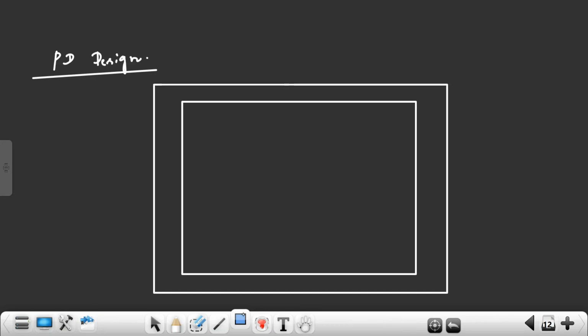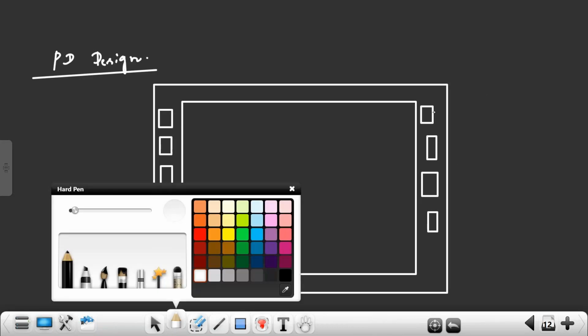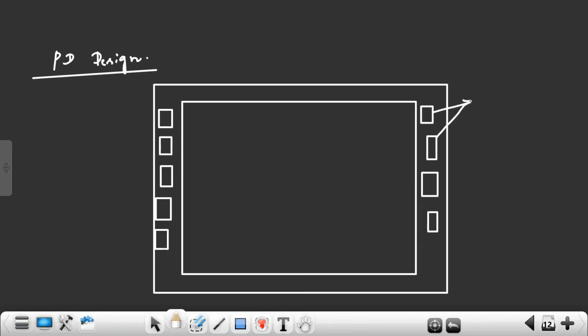Then you will place the ports in between the core area and die area. Ports are nothing but the inputs and outputs of a block. Ports are just a piece of metal layer. Port placement is not straightforward.